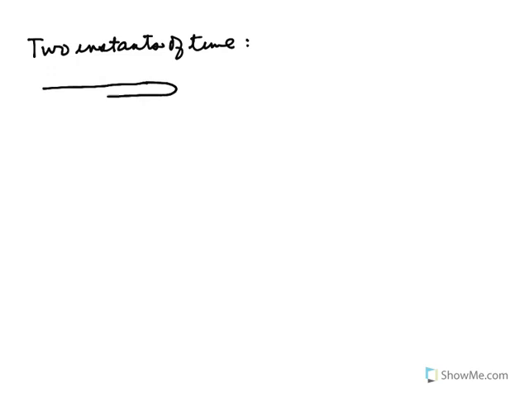So what we're going to do is look at two configurations, or I should say two instants of time. The first one is what I had drawn before, which we're going to call time t.